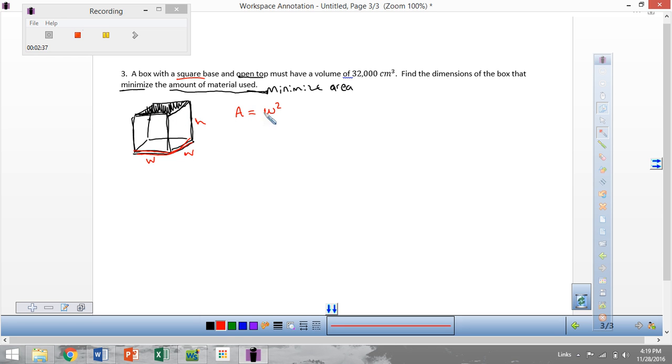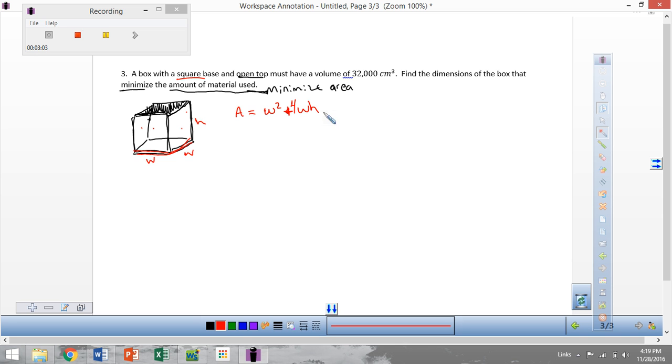So if I had a top, I would want to make this 2W squared, but since I don't, it's just W squared plus the area of all the faces, and there are 4 of them, right? I've got the back, the right side, the front, and the left side, and so the area of each one of those faces is going to be width times height, and I have 4 of them.